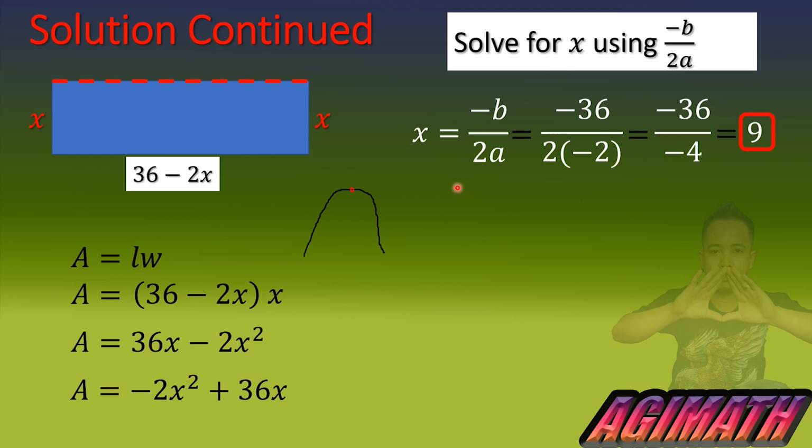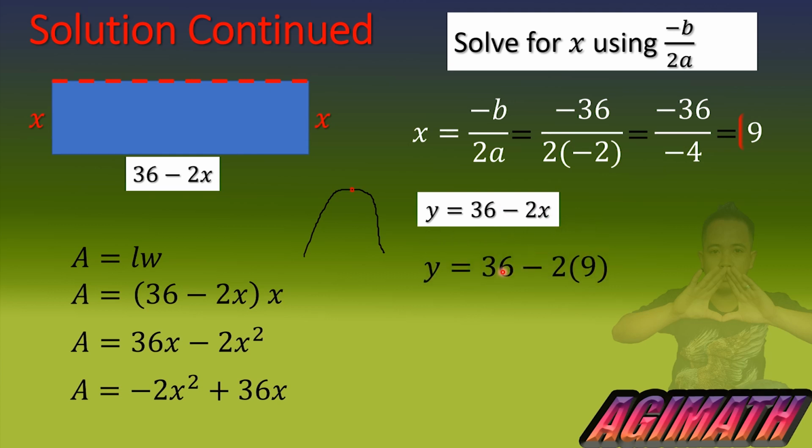Again, if it's asking for dimensions, meaning the length and the width, but recall that the x is just representing the width, so we need to find the value of the length, or the value of y, which is representing the length. And then how are we going to do that? Just recall that earlier we have y in terms of x. y equals 36 minus 2x.